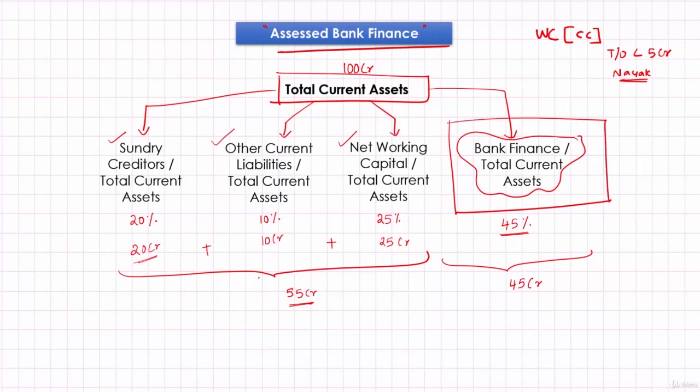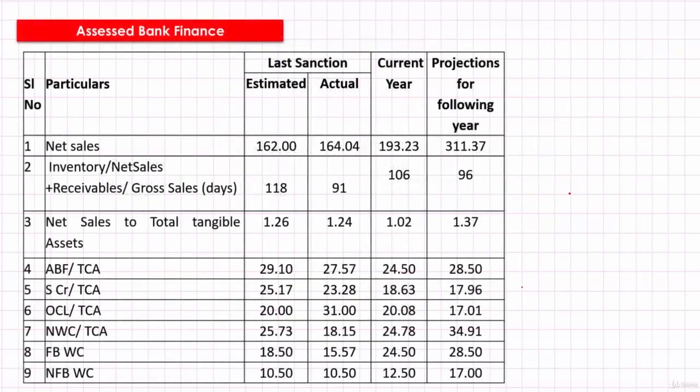So when all the three have funded 55%, it means the remaining 45% should come from bank finance, or is coming from bank finance. But I can also put it in a different form, in a table like this. When you go through the table you will get an idea.